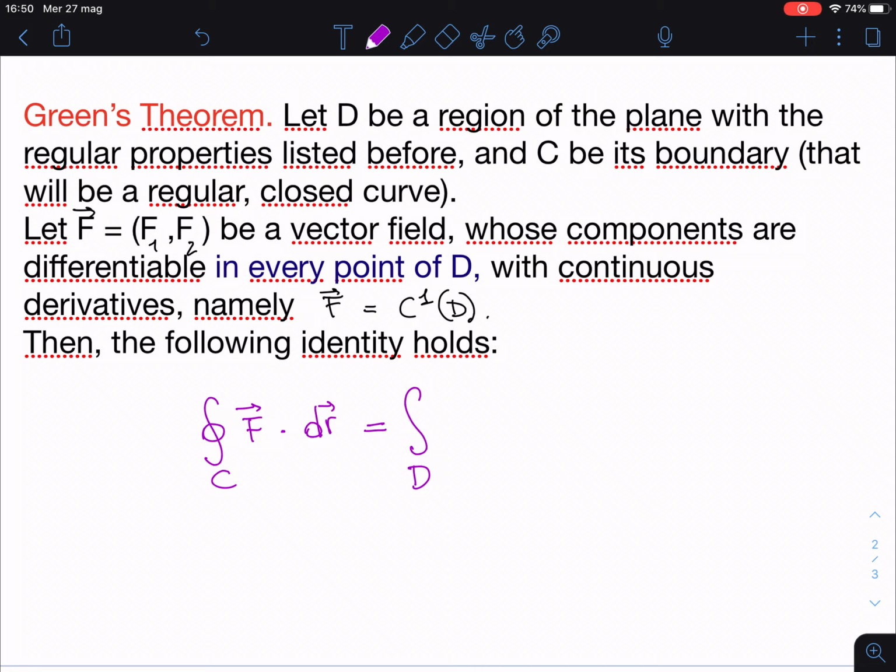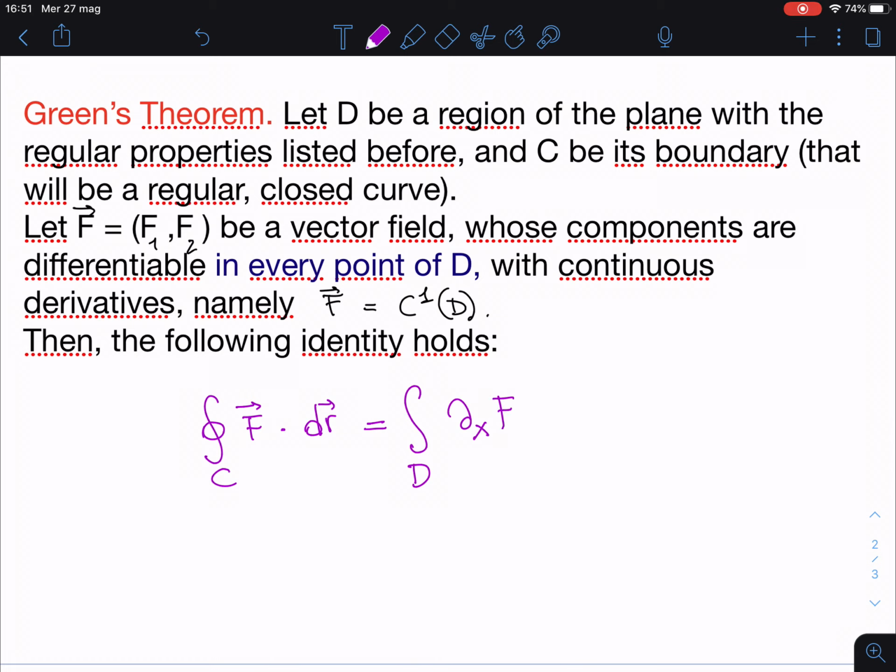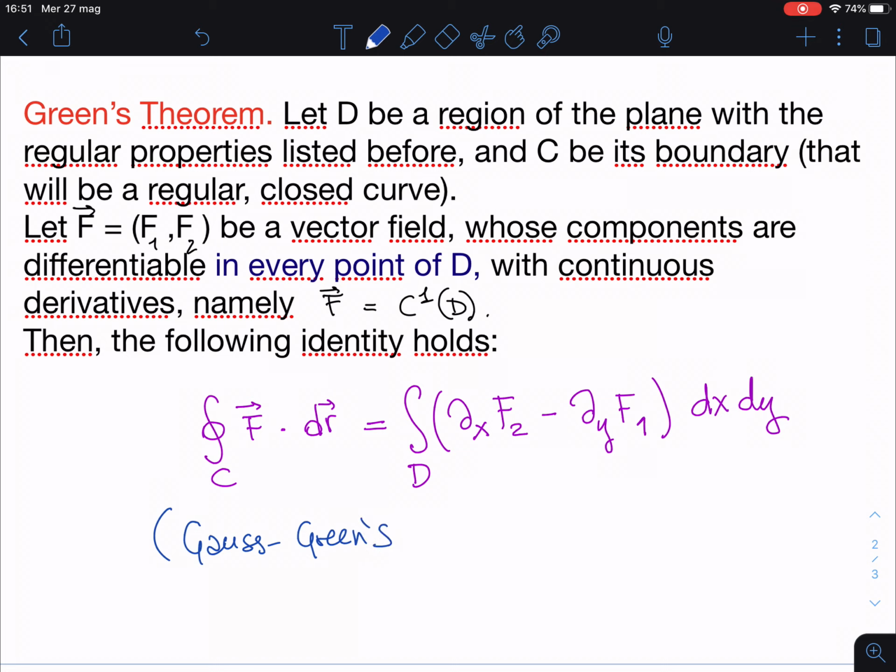Of the derivative with respect to the variable x of the y component of the field minus the derivative with respect to the variable y of the x component of the field, dx dy. This is what is called in literature Green's identity or Gauss-Green's identity.